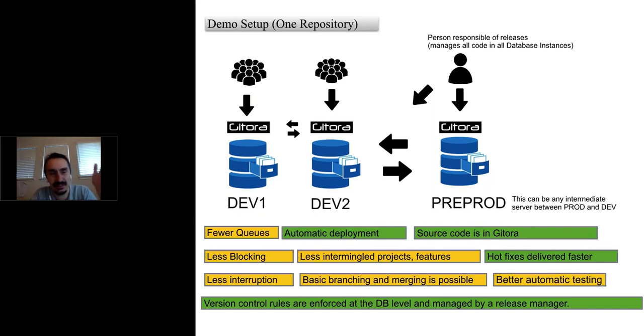It's one of these databases. We have a dev1 database and a dev2 database. And we're going to demo to you how we initialize dev1, dev2, how we make changes in dev1, how we make changes in dev2, and how we pull those changes back to pre-prod.